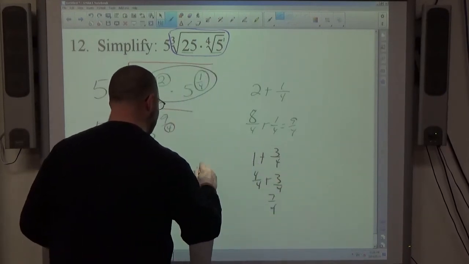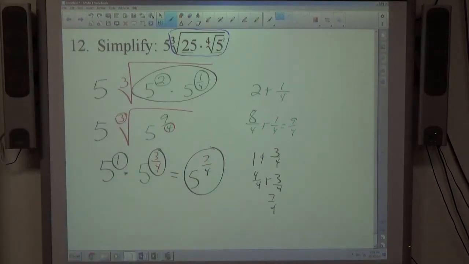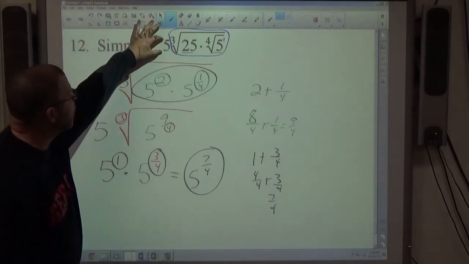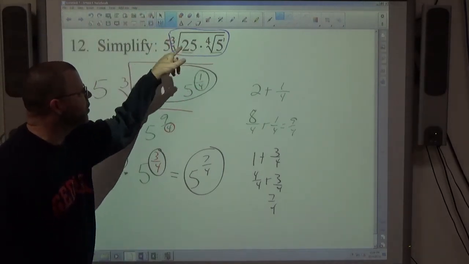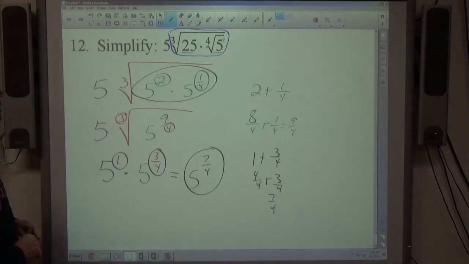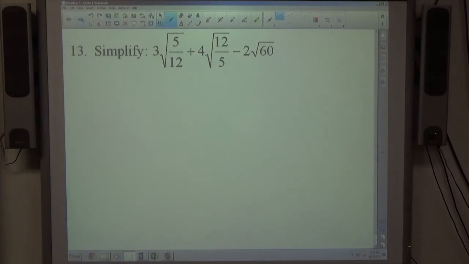So 5 to the 7/4 power is the final solution to that problem. Expect on the test to have a number out here that's going to match the numbers in there, but again, the last step is where you deal with that number outside, not till then. Be patient.